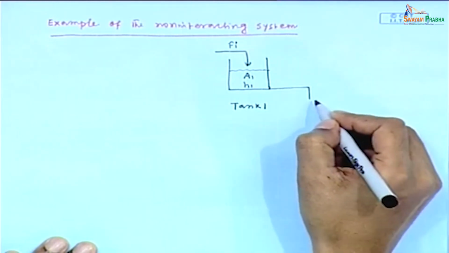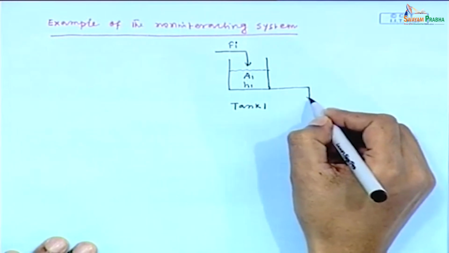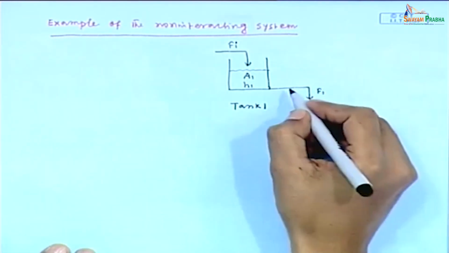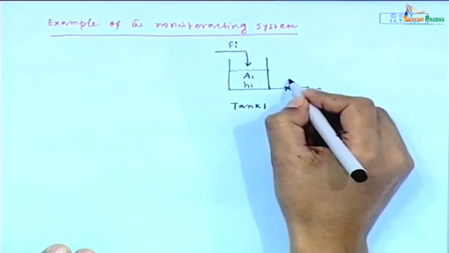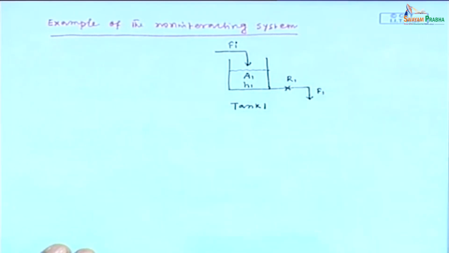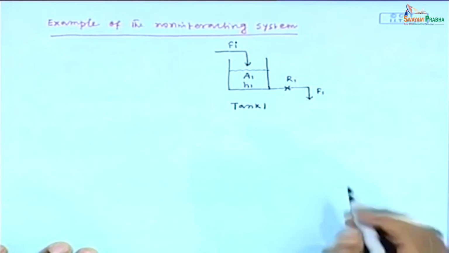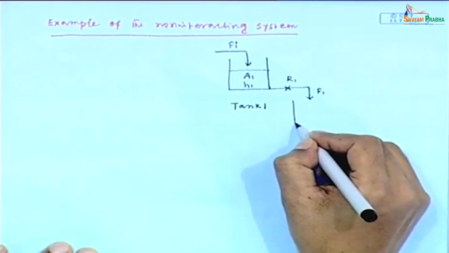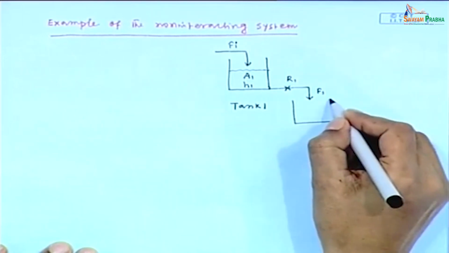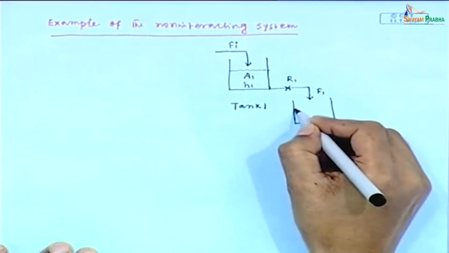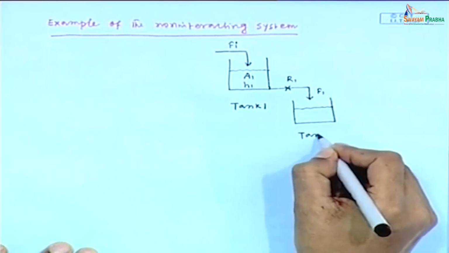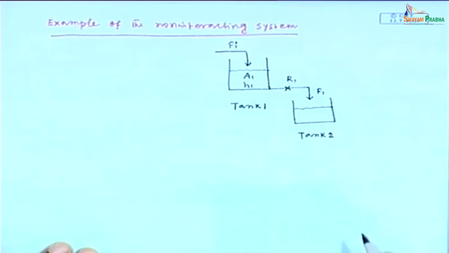Output is F1 and resistance to flow is suppose R1. This outlet from tank 1 enters tank 2. This is tank 2.